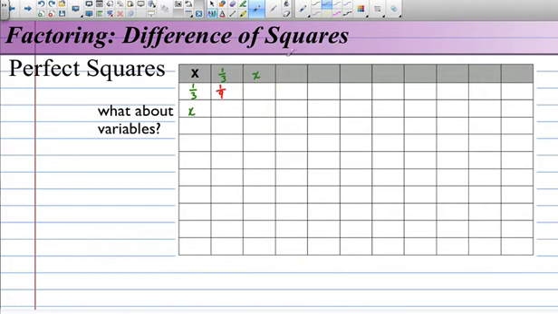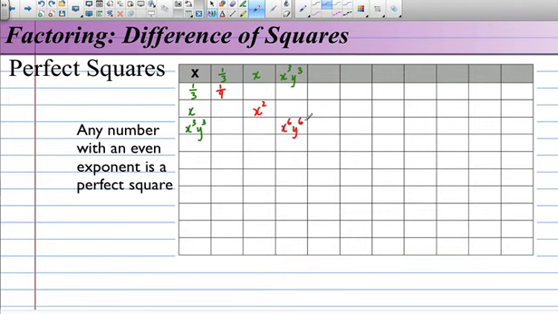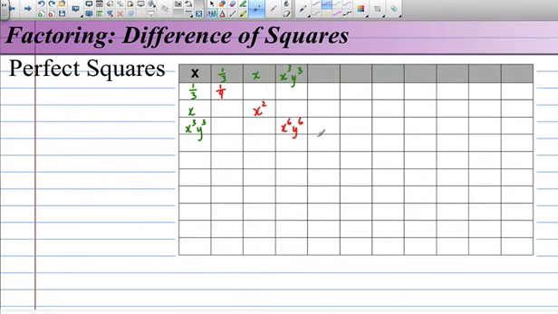X times x, x squared is a perfect square. X to the 6, y to the 6 is a perfect square. We can write several perfect squares. For example, 4/9 is a perfect square.